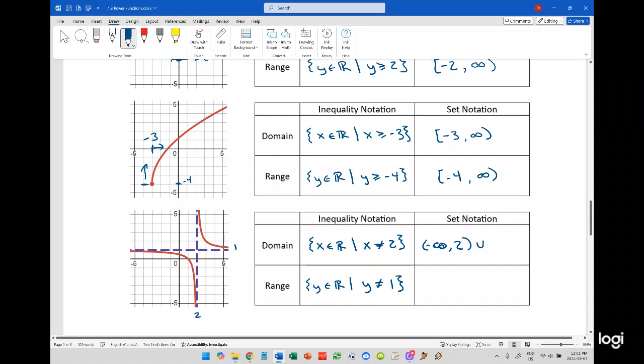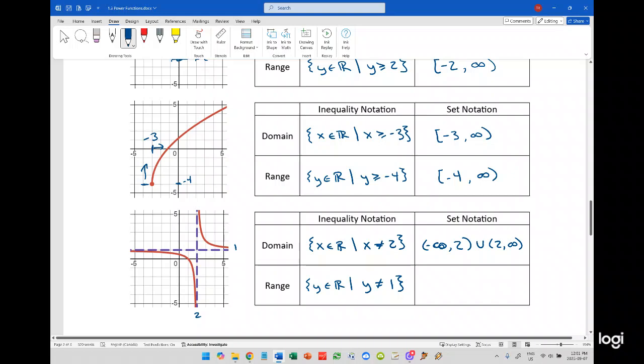And then I'm going to use this symbol U to represent union, which basically means we're going to do that and include this part here, which means we continue at 2 or just above 2 and go to infinity. So this says everything from negative infinity up to 2, but not including 2, and anything above 2, but not including 2, up to infinity.